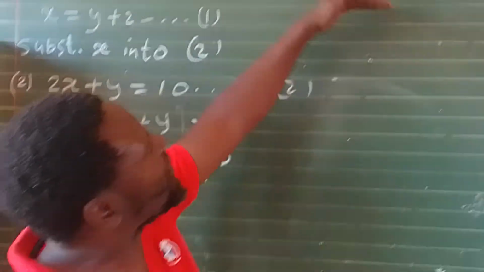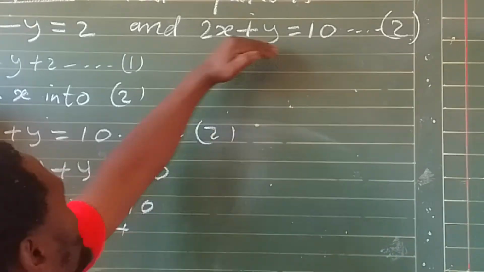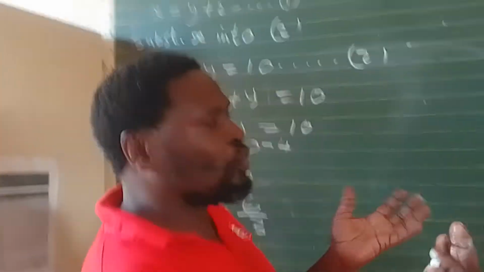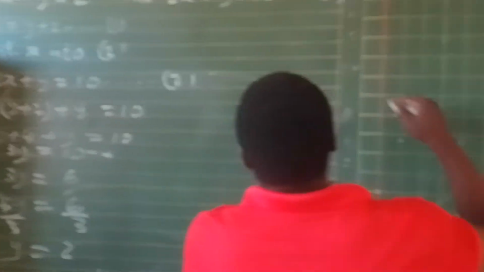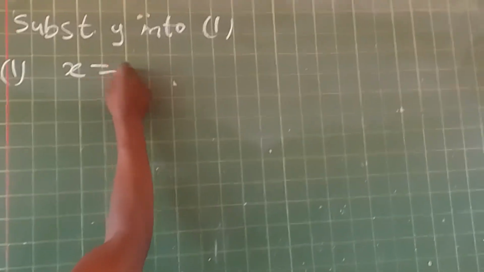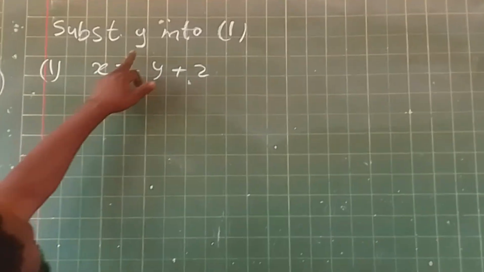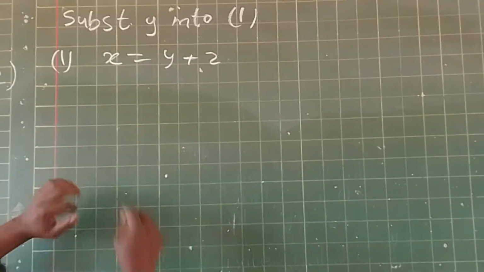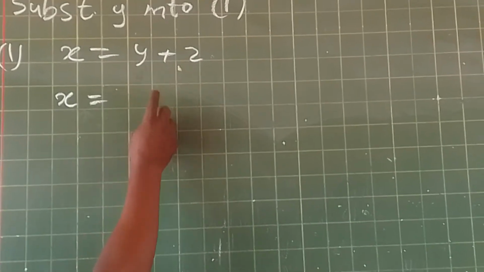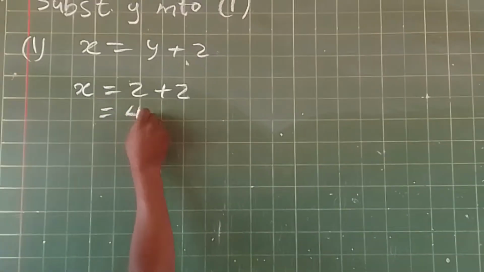There is nothing wrong about substituting into the other one, you are going to get the very same answer, but you work smart and take something that is much more convenient for you. Now, we grab equation 1. Equation 1 is x is equals to y plus 2. You start substituting y into equation 1. You find that x is equals to 2 plus 2, which is 4.